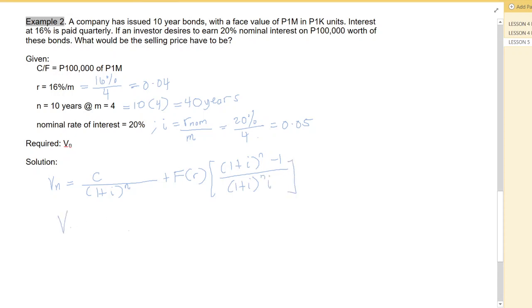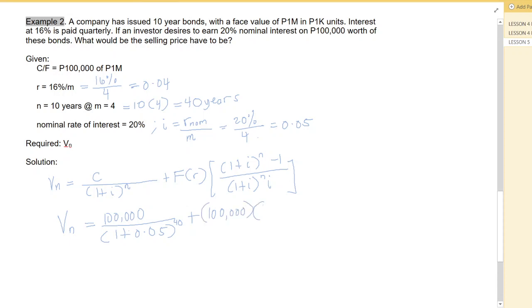Okay, so we have it there, V sub n is equal to, okay, so the future amount and the par value is equal to 100,000 divided by 1 plus yield interest rate, which we have computed to be 0.05 already, raised to the periods of redemption, that is 40, plus the par value, or that is equal also to the future amount, or that is the amount stated on the bond, so that is also 100,000.